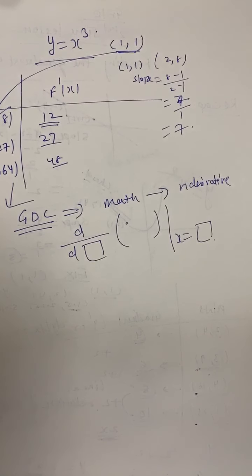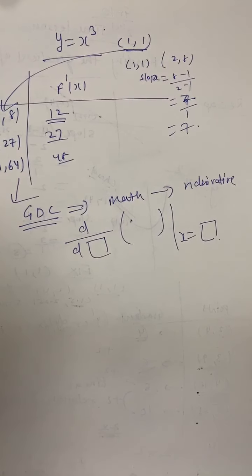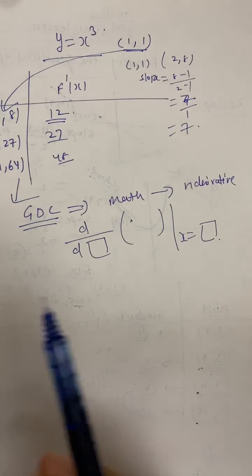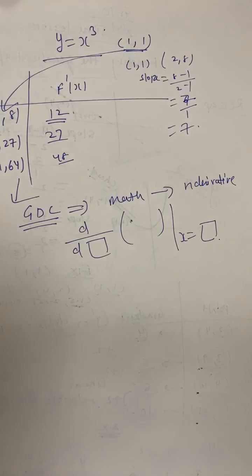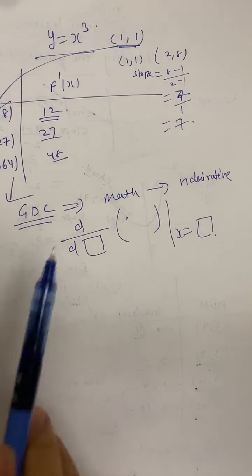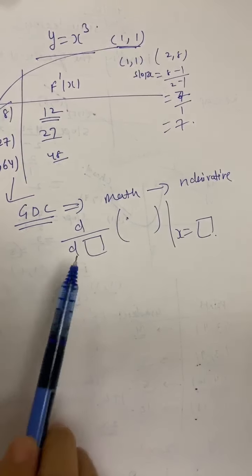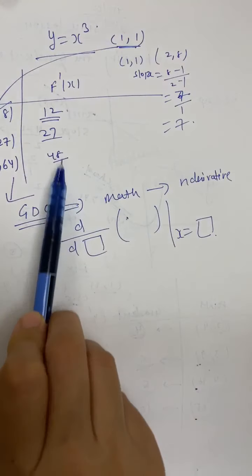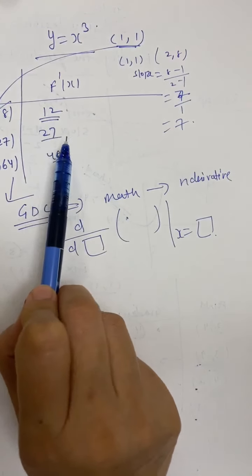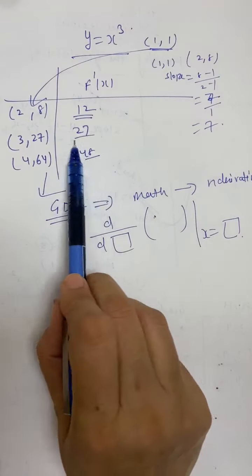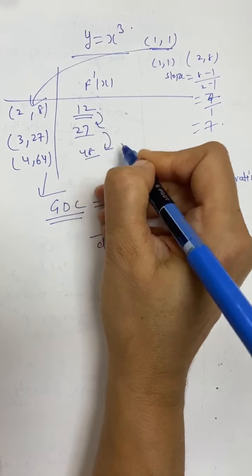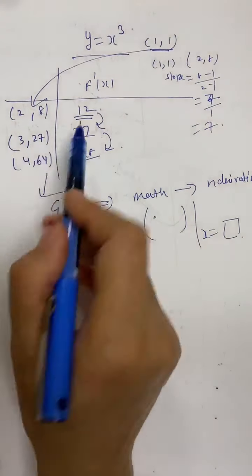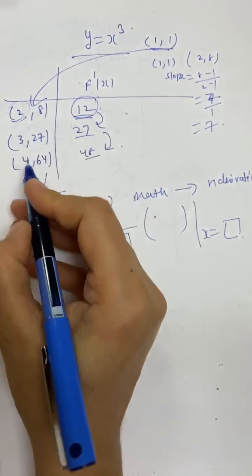For that, you can use any kind of graphic calculator software like Desmos, Autograph or GeoGebra, or the easier way right now is using the calculator. I showed you that the derivative was 12 here, at 3 the derivative is 27, and then it's 48. Now we need to look at the pattern here, and if you remember previously, this has to do with the x coordinate.